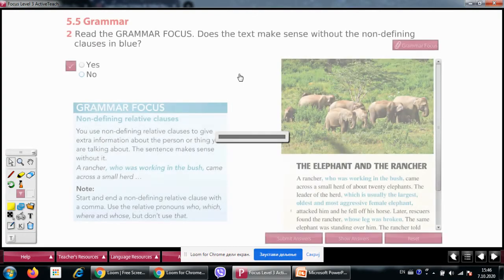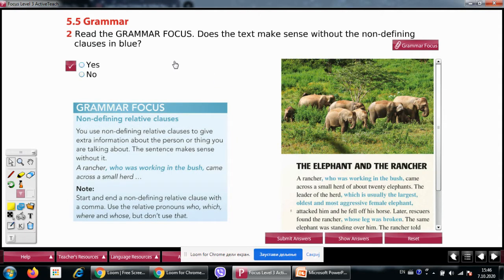So now let's move to grammar focus and read it. You use non-defining relative clauses to give extra information about the person or thing you are talking about. The sentence makes sense without it. So let's see. Here we have an example from the text. A rancher who was working in the bush came across a small herd.